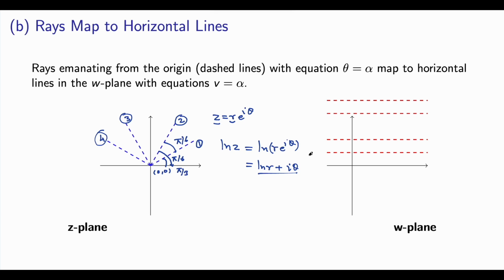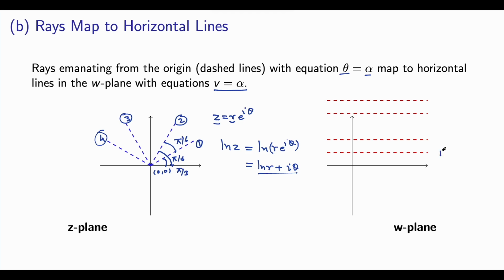Now if you map the rays, every theta equal to alpha, such as alpha equal to pi by 3, pi by 6 and so on, maps to horizontal lines in the W plane with equation v equal to alpha.